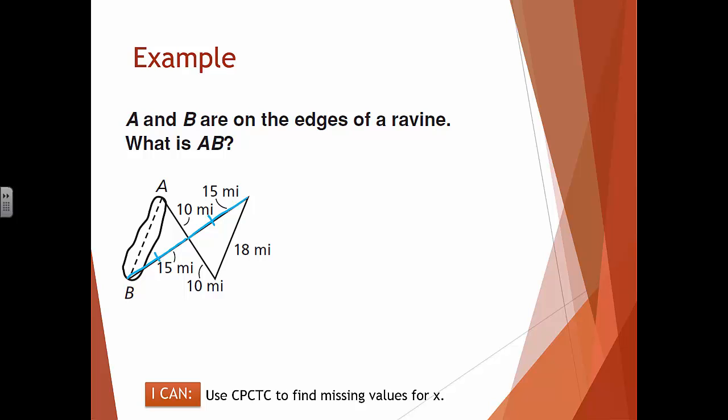So we have two pairs of congruent sides in these two triangles. I also know that this side right here is 10 and this side right here is 10. So we have two other congruent parts. We also know that these angles are congruent because they are vertical angles. So I have just proven that the triangles are congruent by side angle side congruence.